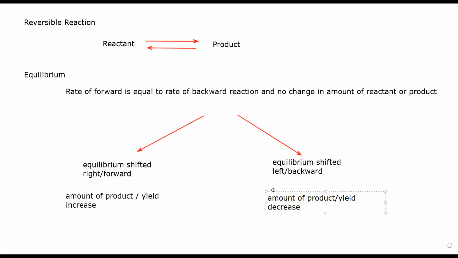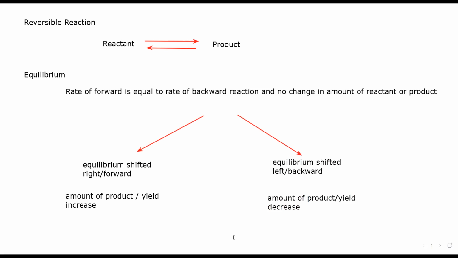This is what we discussed yesterday, the definition of equilibrium as well as shifting of the equilibrium. It might shift towards left or towards right. There are certain factors which can affect the equilibrium or the position of equilibrium.